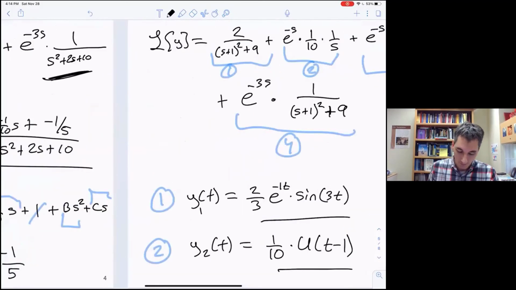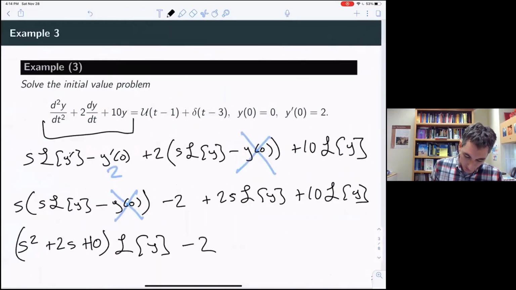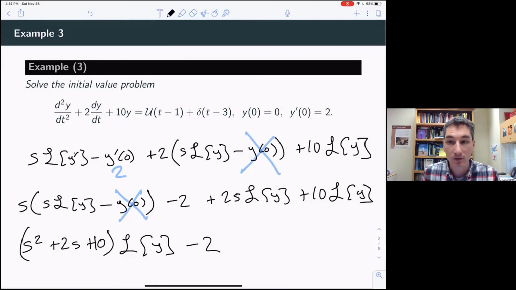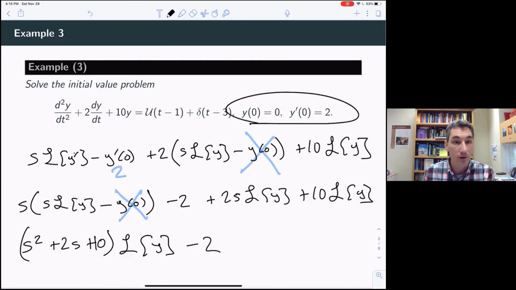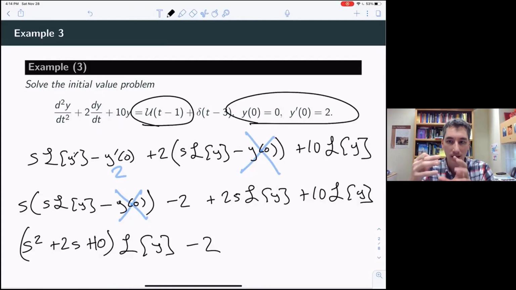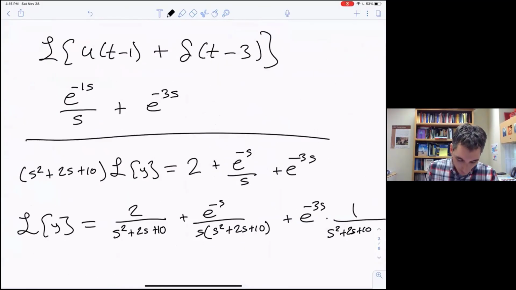original homogeneous solution. So if we go back to the very beginning, why are there 4 pieces to this answer? Well, the initial conditions give you that first solution. And then u(t minus 1), well, that turned on that constant function, right? So that gave us that 1/10 u(t minus 1). But then the differential equation has to equalize the continuity of position and velocity. So you get another term that pops up at that point, right?